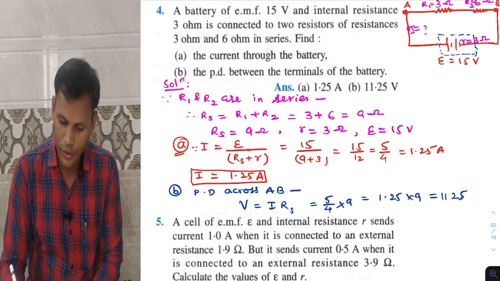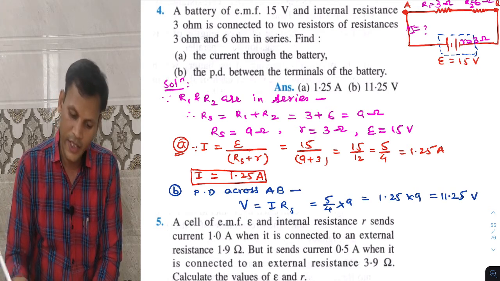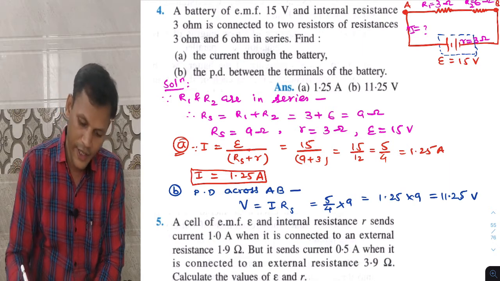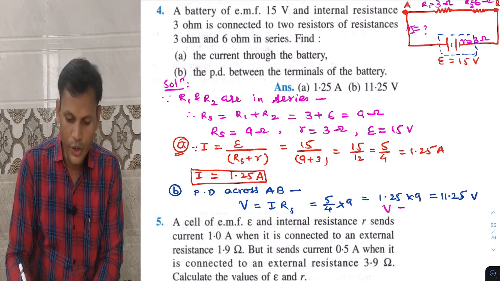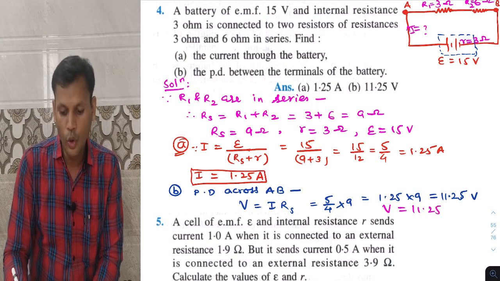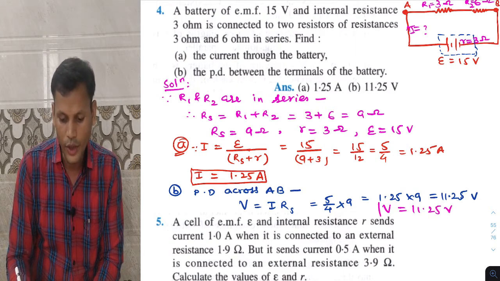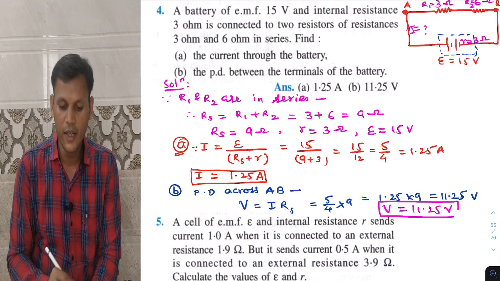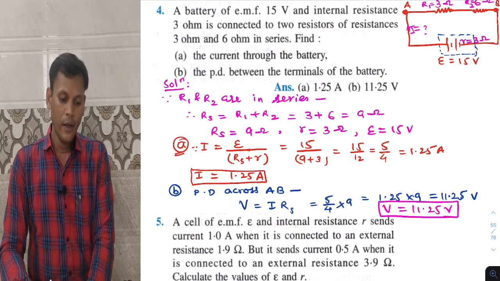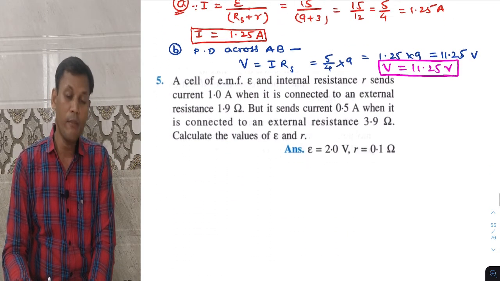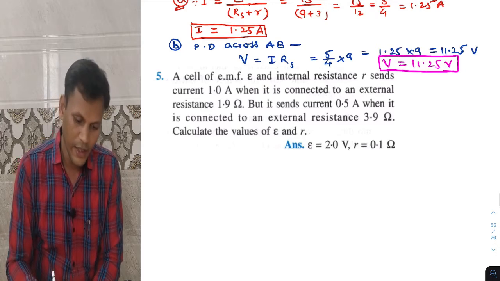So 11.25 volt. This is the answer. So the final answer we get, therefore V is equal to 11.25 volt. Now the next question is question number 5. Read the question.